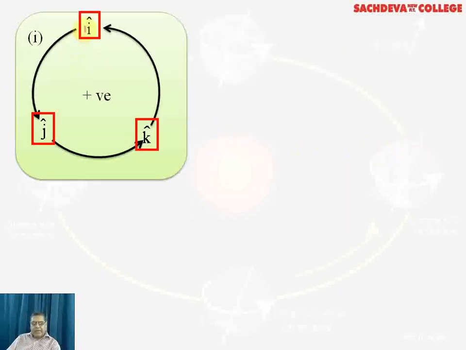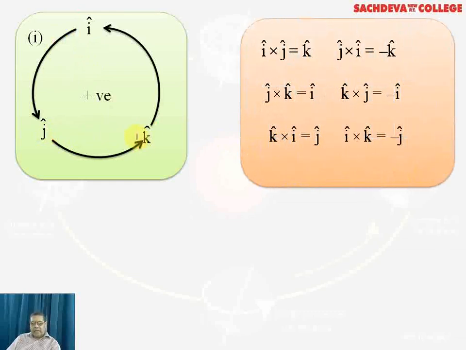So we find I, J and K. These are the three unit vectors, and according to this, the cross product of I and J will be vector K. The cross product of J and I, if their places are interchanged, will be the negative of unit vector K. So we remember I, J and K are along the x-axis, y-axis and z-axis. If we take the cross product of J and I, it will be minus K.